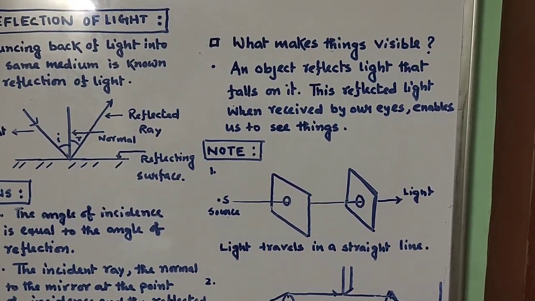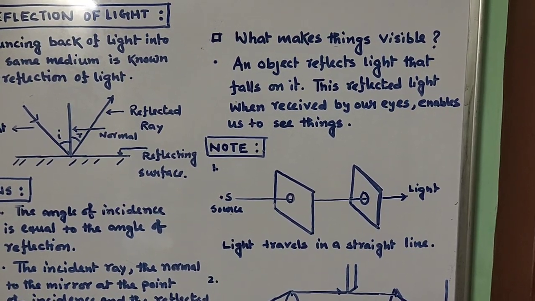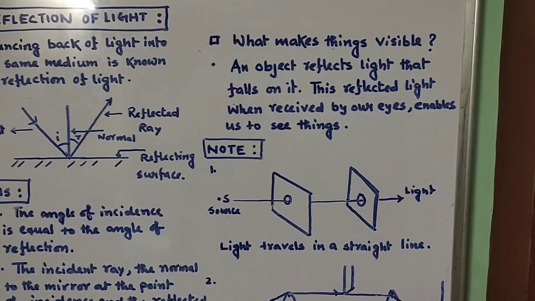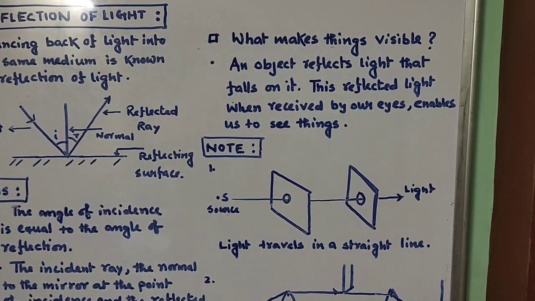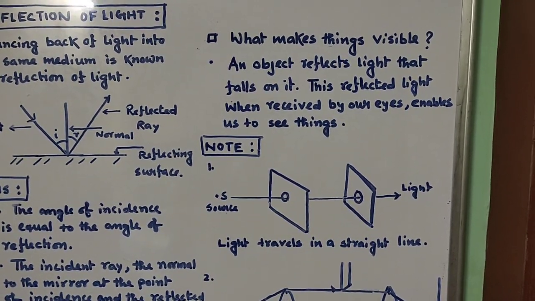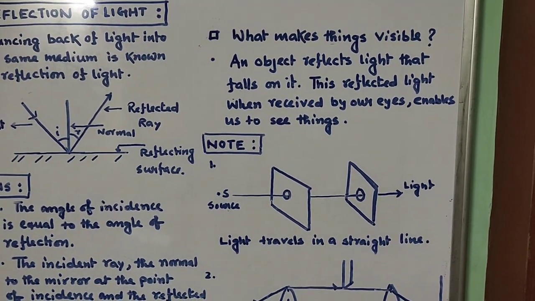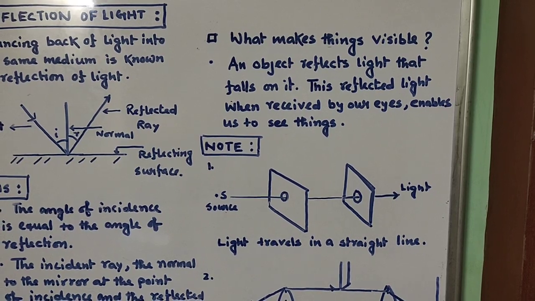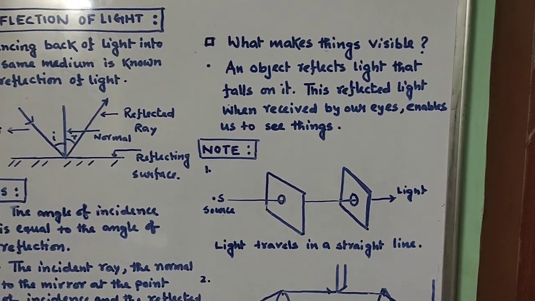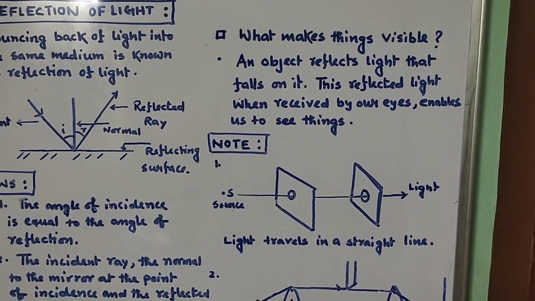For an object to be visualized, the object must reflect a part of the incident light, and that light must enter our eye, then you can see the object. So this is very simple. I think most of you know.